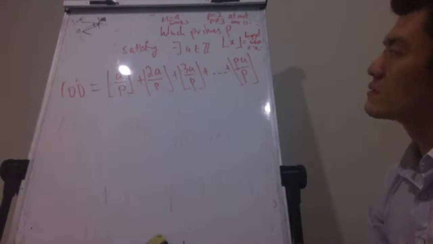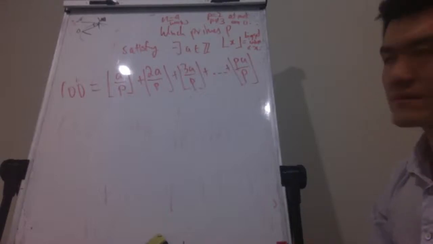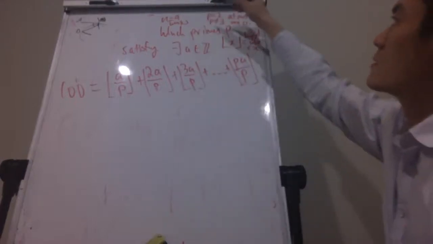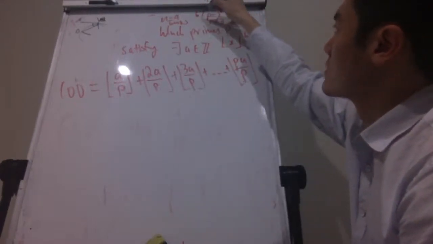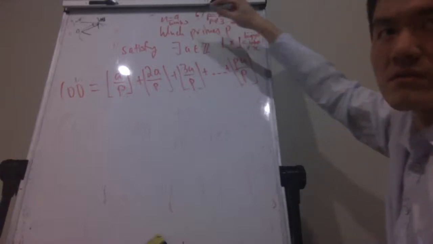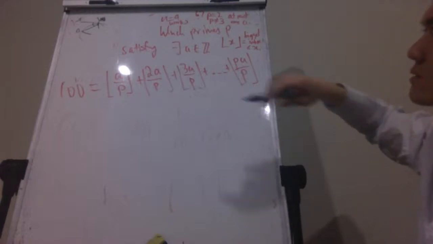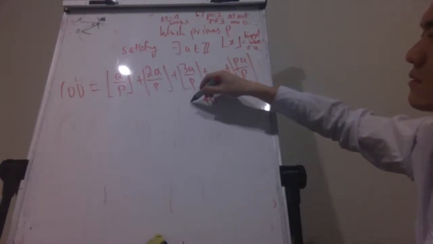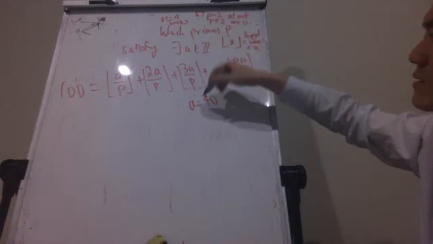Why does that work? What's A if n equals 4? 40, because you get 10. We know it's not prime, but let's have a look at it anyway.